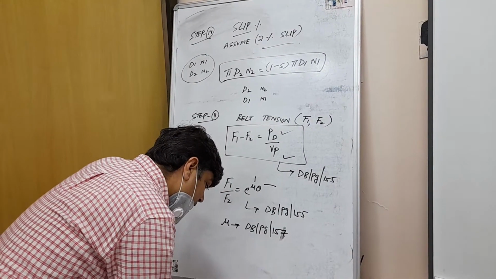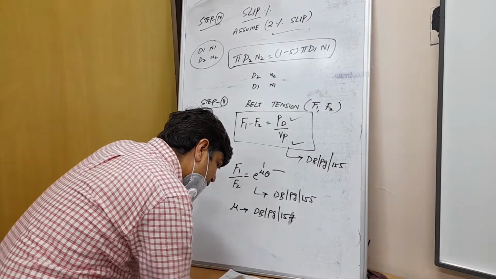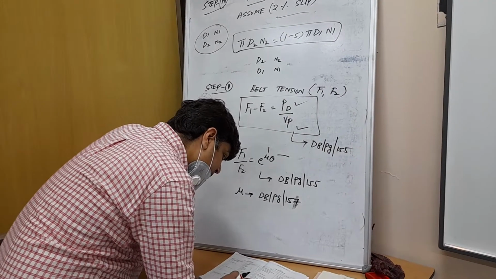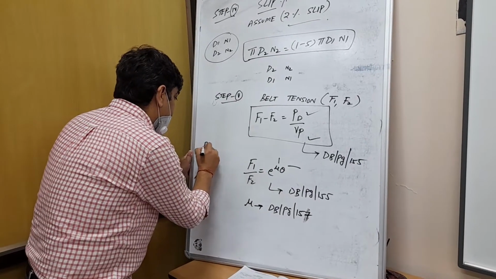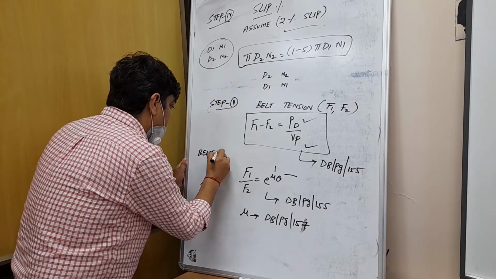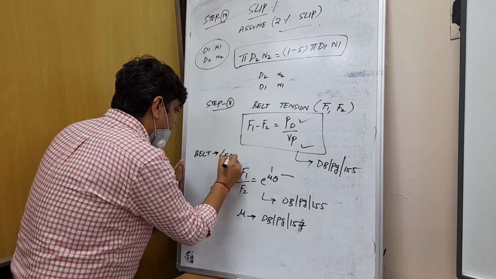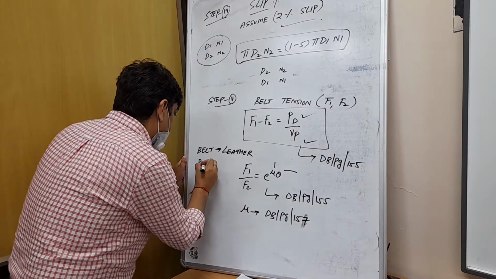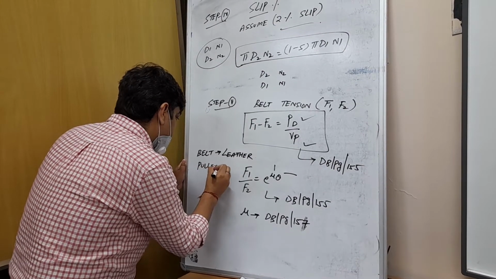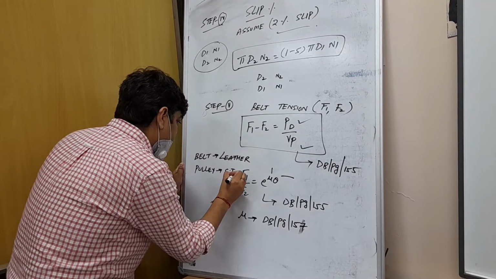So if you go through this table XV5, then you have the belt material, considering belt material as leather and pulley as cast iron.